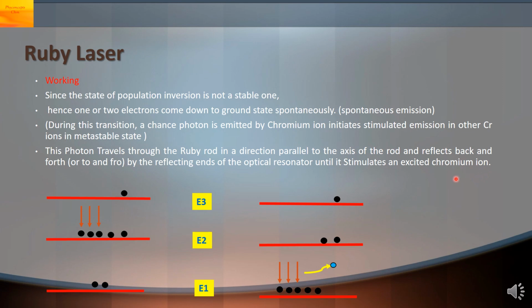So continuous multiple reflection of the photons will occur, and these photons will stimulate the other excited chromium ions, and that way more photons are emitted. The photons emitted by the stimulated excited chromium ion are exactly in the same phase with the stimulating photon. So all the photons will be in the same phase.